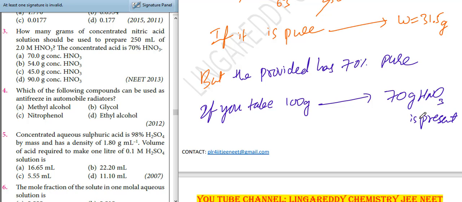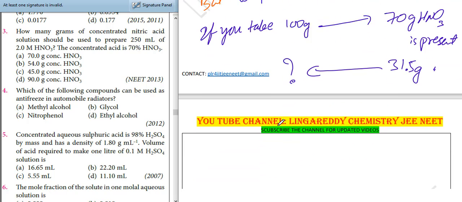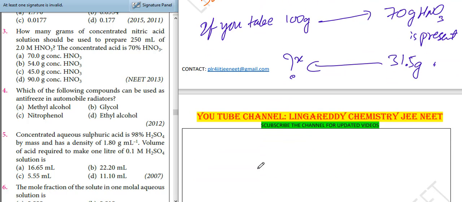What is the remaining? It may be water. But how much do we require here to prepare this 250 ml of 2 M HNO3? 31.5 grams required. If you want 31.5 gram HNO3, then how much of the impure HNO3 do we have to take? Take it as X. Then X equals 100 into 31.5 upon 70.